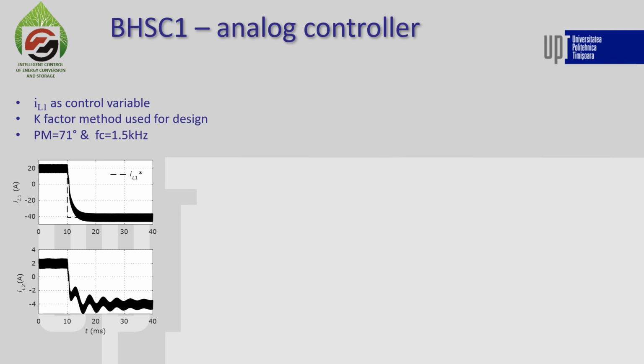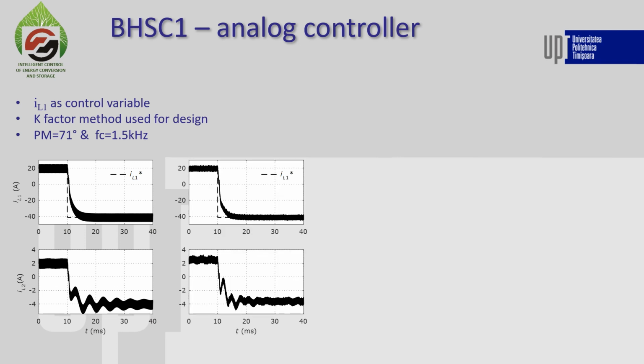As I've mentioned, here we have on the left some simulation results, and on the right we have experimental results, which also look pretty much similar to the simulation results.